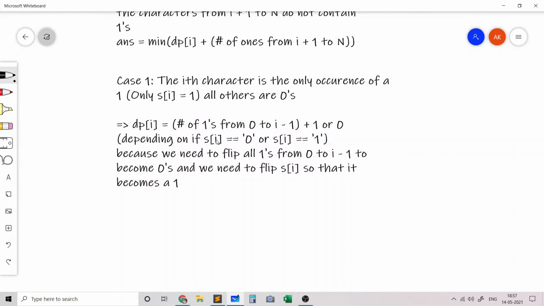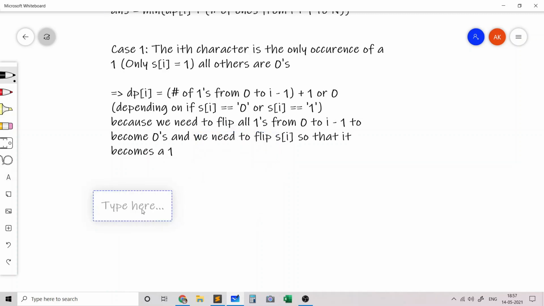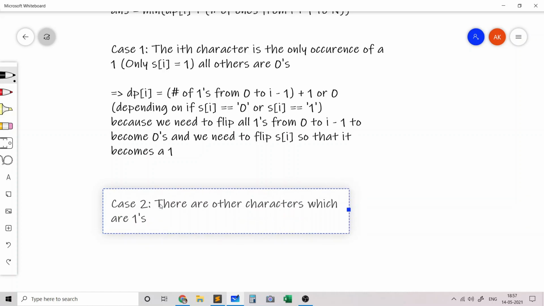In case 1, dp of I is just the number of ones from 0 to I minus 1 plus 1 or 0 depending on what s of I is. And in case 2, there are other characters which are ones, and this means that I minus k is the previous occurrence of a 1.